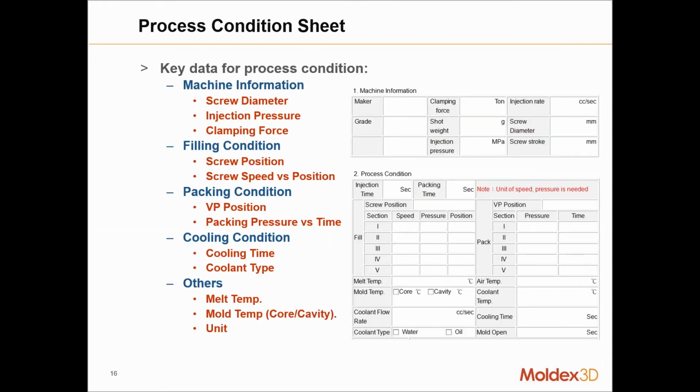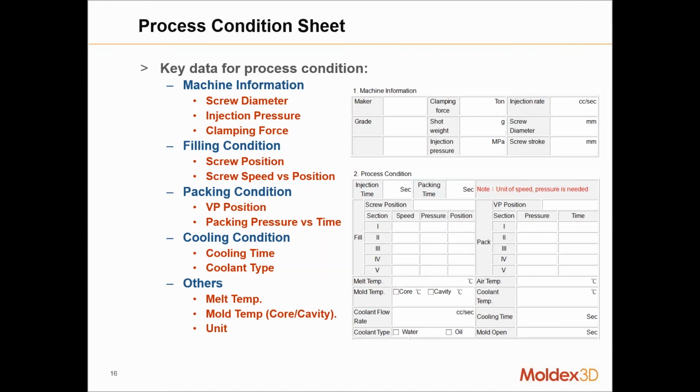And of course, when you talk about a process sheet, there is a lot of information that can be obtained from it. In a nutshell, if you already have a process sheet available, if the part is already in production or prototyping, translating that process sheet to simulation would be very important.